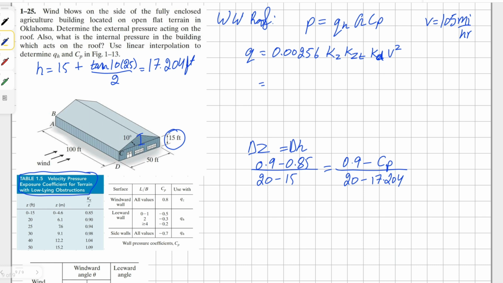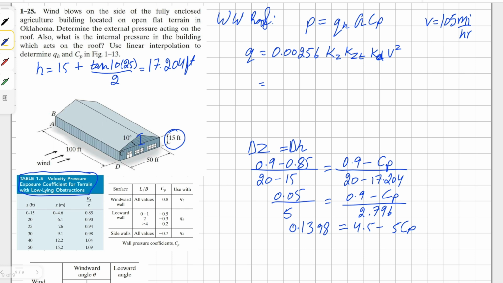Now let's simplify this. So we know 0.9 take away 0.85 would become 0.05 divided by 5 equals 0.9 take away the exposure coefficient, and 20 take away 17.204 becomes 2.796. And now we cross multiply these values, and we get 0.1398 equals 0.9 times 5 becomes 4.5 take away 5 times the exposure factor here.